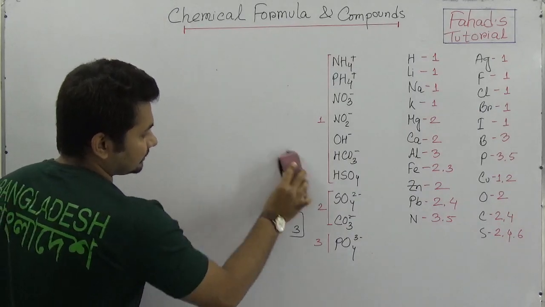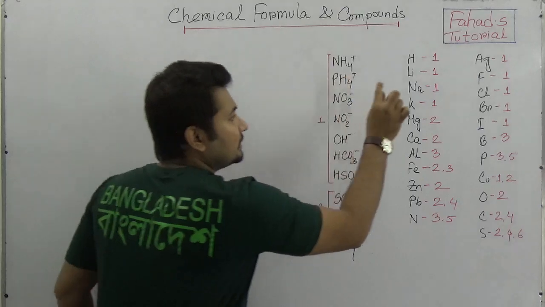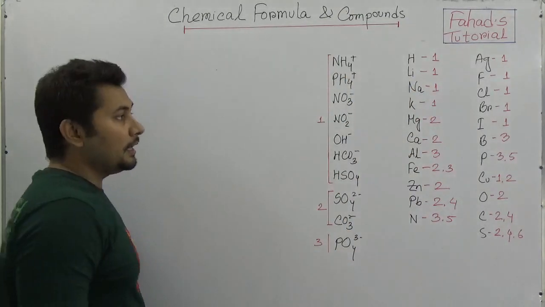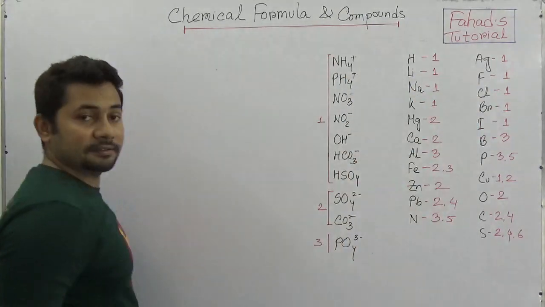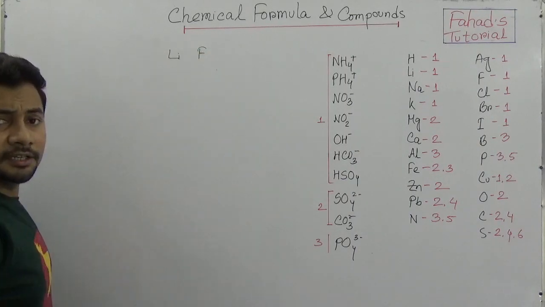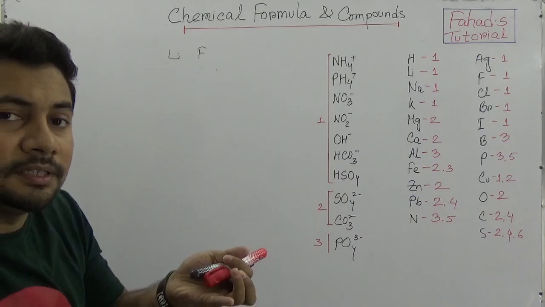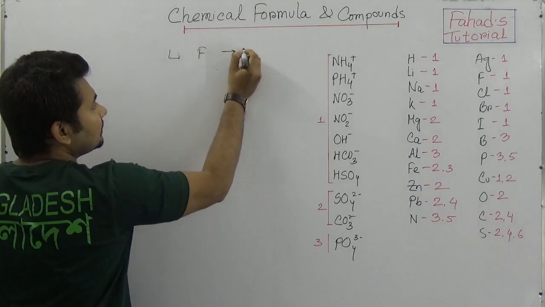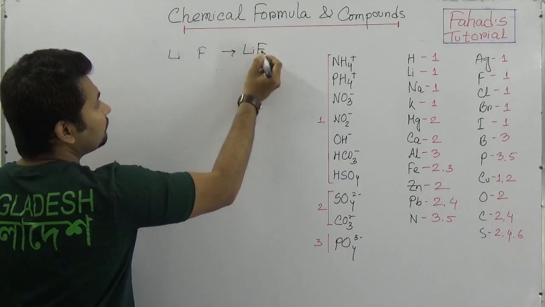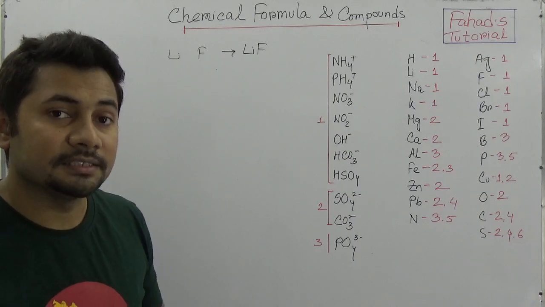Like what else? Here is lithium, and suppose there is fluorine. If you see lithium and fluorine together, both elements have one valency, so it will be the same. So we will say lithium fluoride.